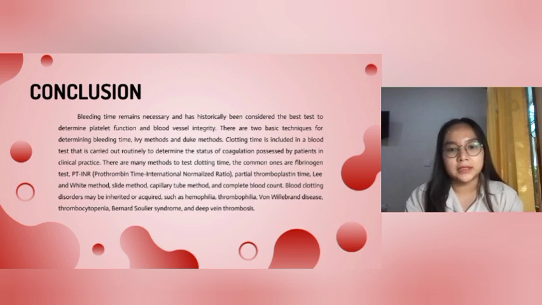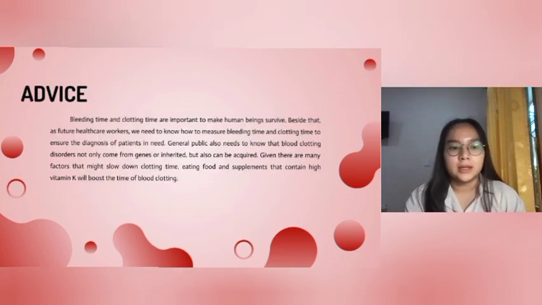In clinical practice, there are many methods to test clotting time. The common ones are the fibrinogen test, PT-INR, partial thromboplastin time, Lee and White method, slide method, capillary tube method, and complete blood count. Blood clotting disorders may be inherited or acquired, such as hemophilia, thrombophilia, von Willebrand disease, thrombocytopenia, Bernard-Soulier syndrome, and deep vein thrombosis.